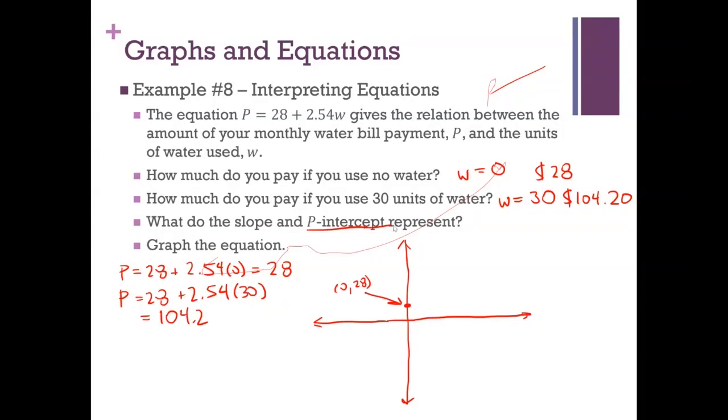It's not your bill payment all the time. It's only under certain conditions. Under what conditions are you going to pay $28 for water? When W is 0, when you don't use any water. So that's what the p-intercept represents: what happens when that variable W is 0. When you're not using any water, your value of P is still going to be positive.